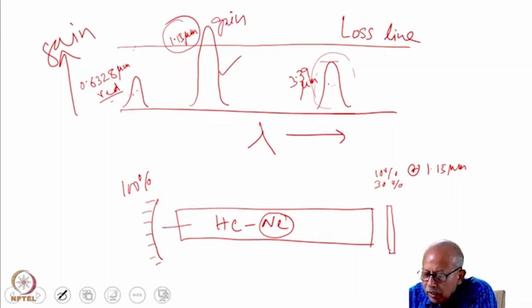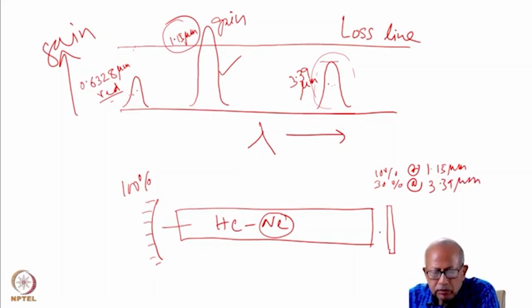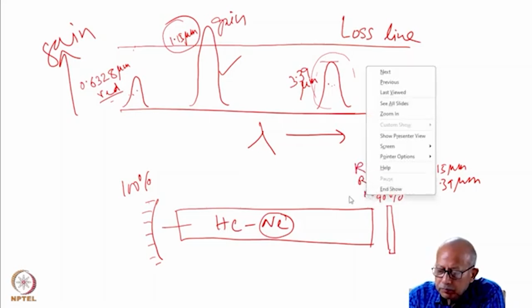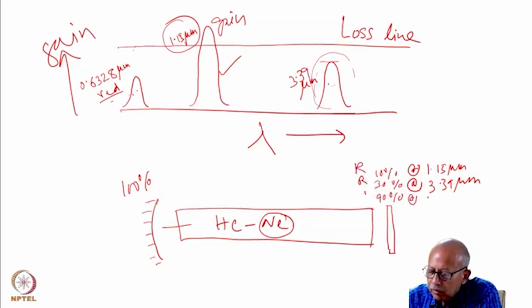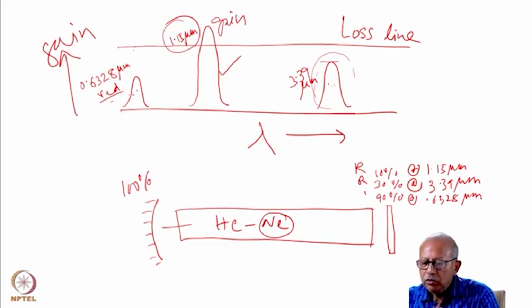And so this is at 3.39. And suppose the visible light, which has the least gain, we provide very high reflectivity. These are the reflectivities at 0.6328. So you see, for the high gain line, this mirror offers 10% reflectivity.